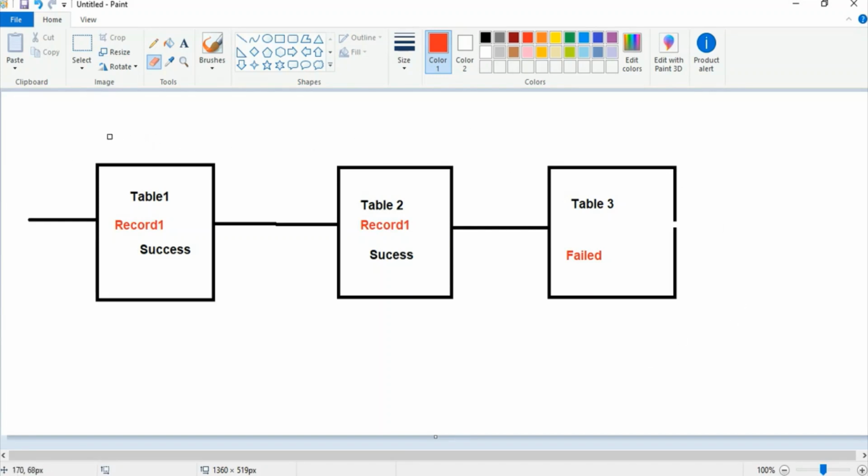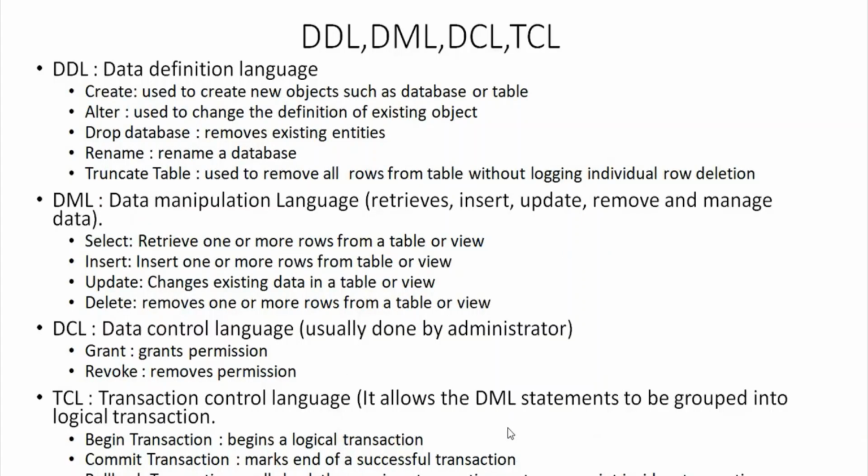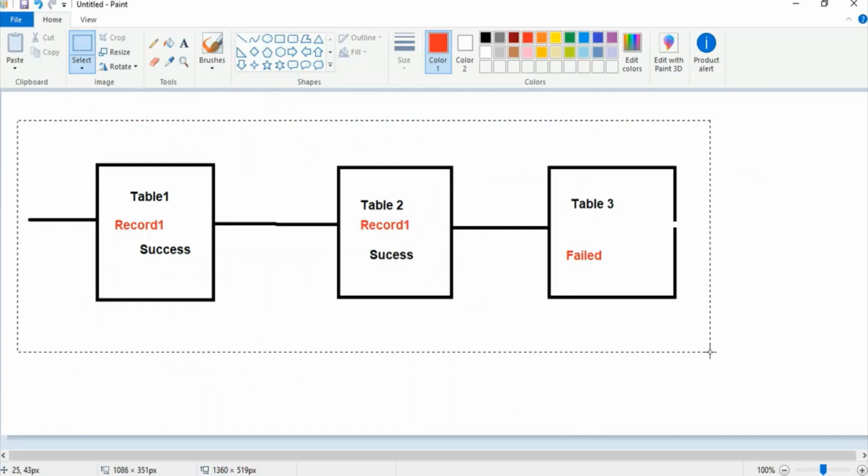So instead of inserting separately, we add all these commands into a group. That is nothing but transaction control language. It allows DML statements to be grouped into a logical transaction. Whenever we successfully insert a record into all 3 tables, only then do we consider the transaction successful, else it is unsuccessful.